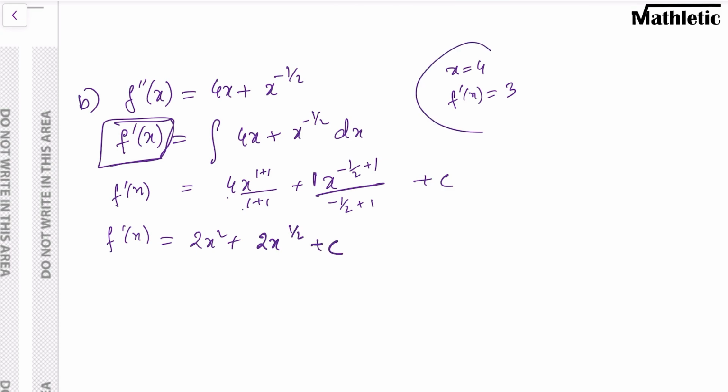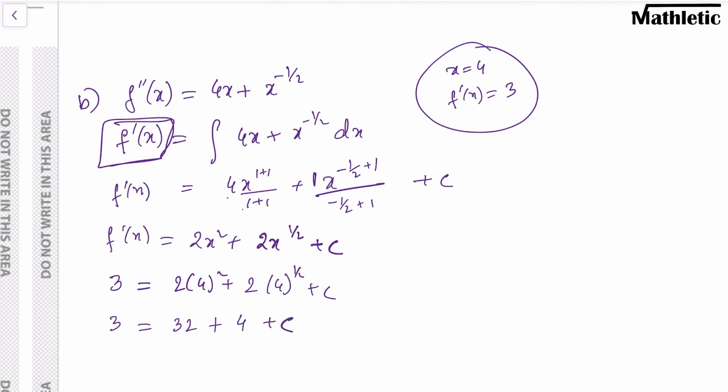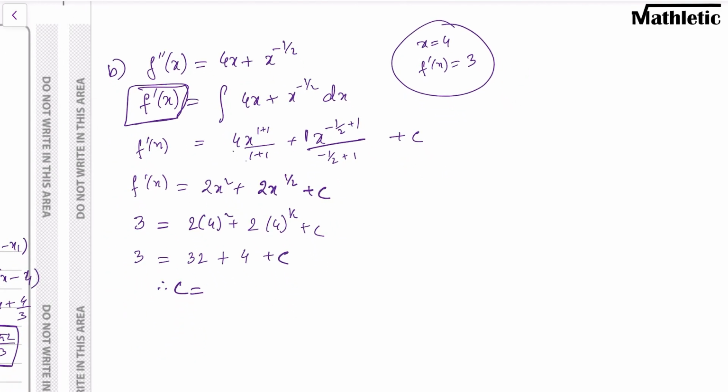So if I substitute this, 3 equals 2 times 4 square plus 2 times 4 to the power half plus c. So you get 3 equals 32 plus 4 plus c. So you get c equals minus 33.